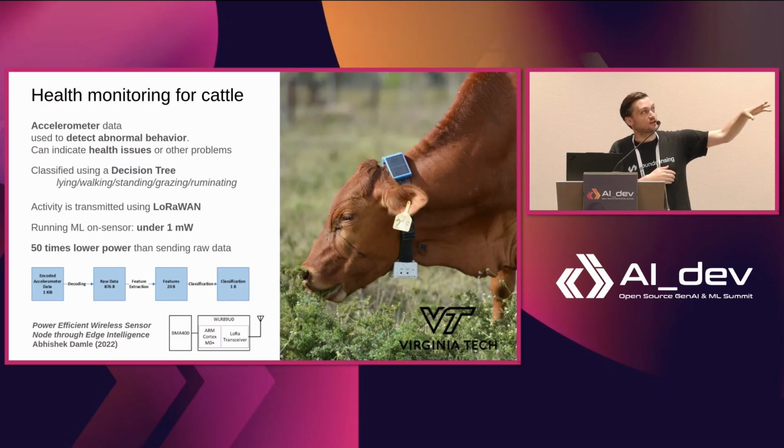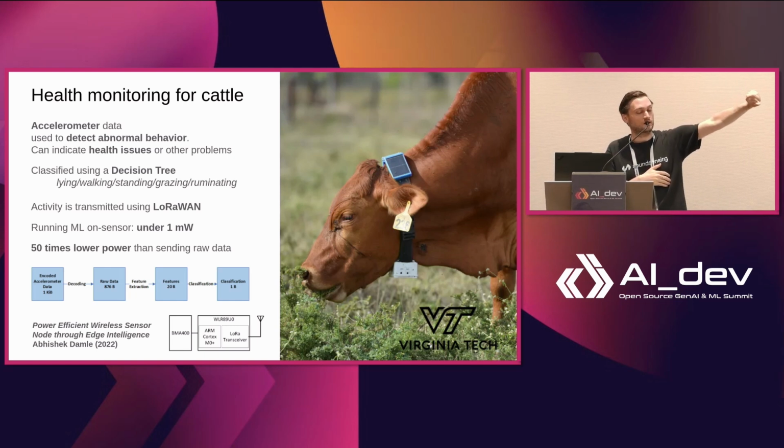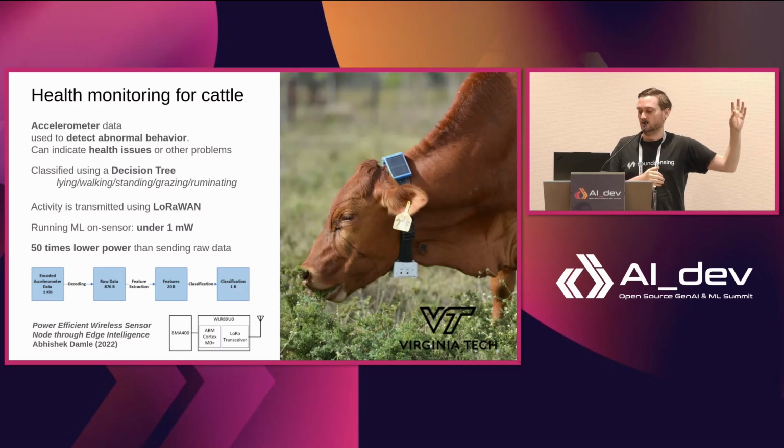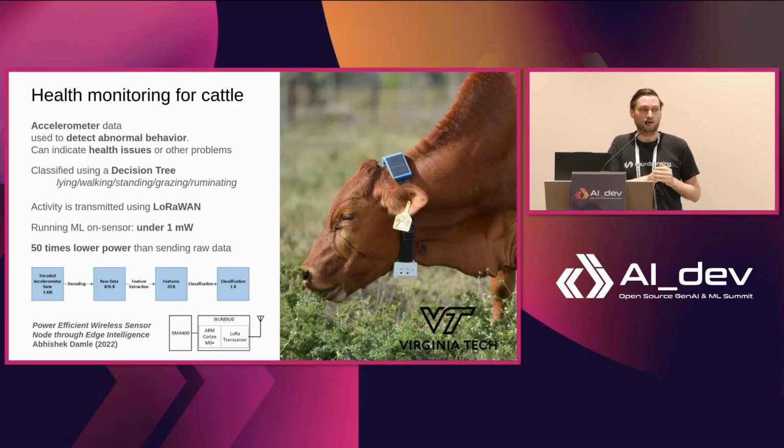So it's for tracking of milk cows or their health. So it uses a model that runs directly on this device with an accelerometer. So it's used to classify the behavior of the cow based on the motion into lying, grazing, standing, ruminating. And then that is compared to what is typical for a cow during a day.